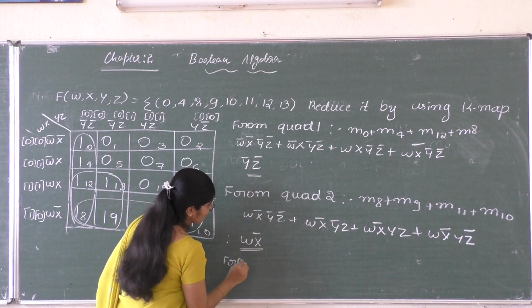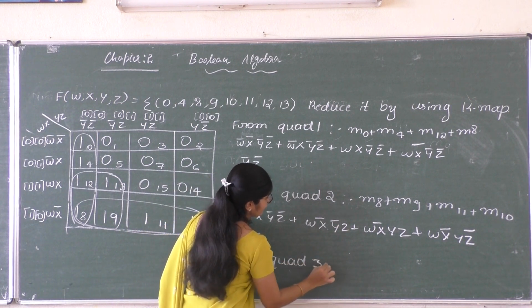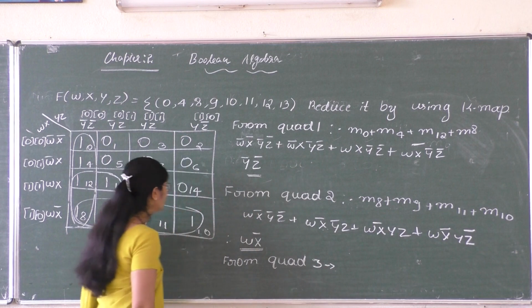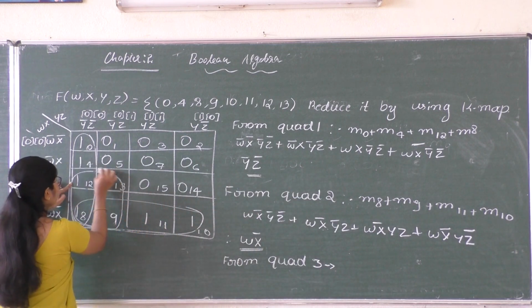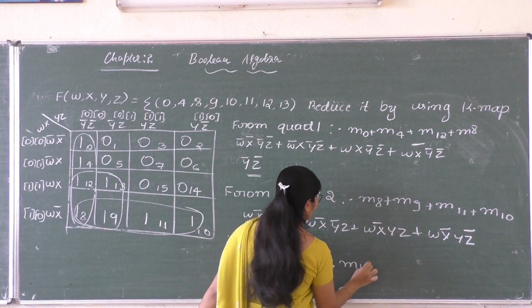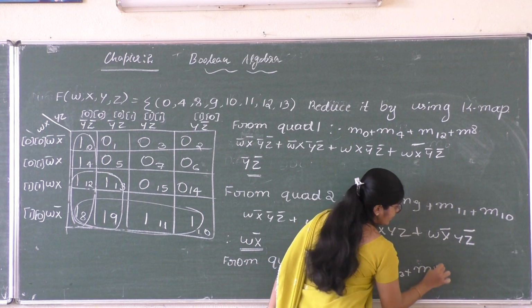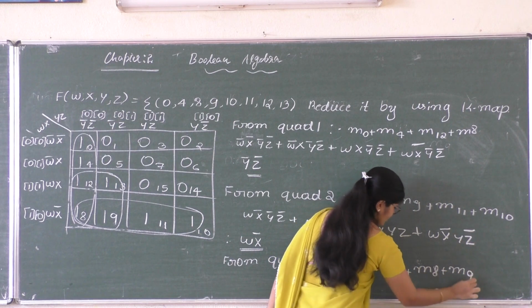Next from quad 3, from the K-map we got 3 quads. From quad 3, that is by using M12, M13, M8, M9.